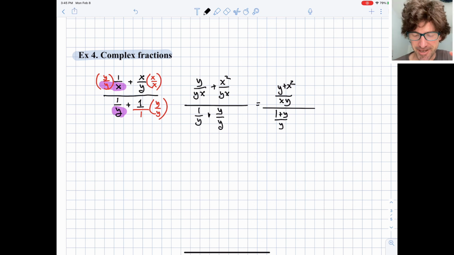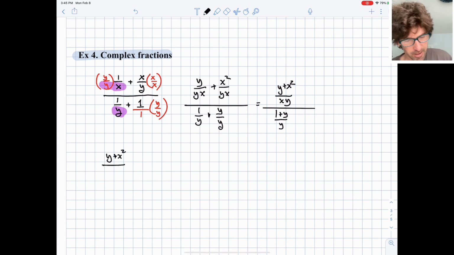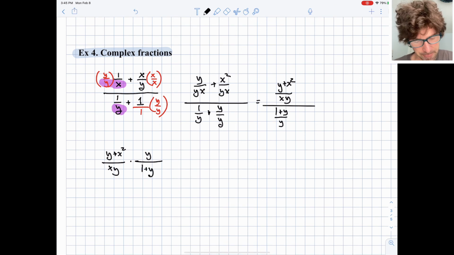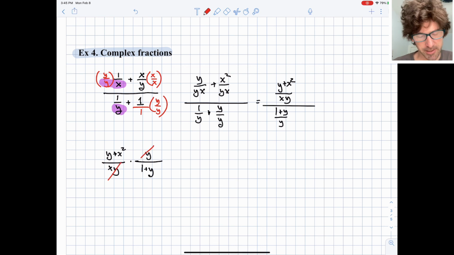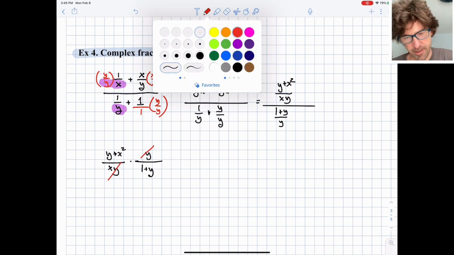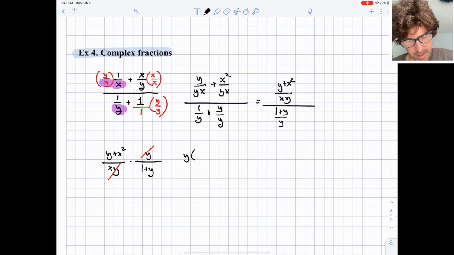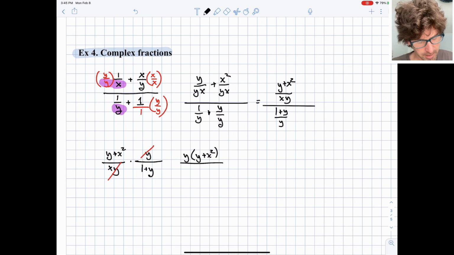So now we can invert the second fraction and multiply. So this is going to turn into y plus x squared over xy times y over 1 plus y. And I think you can see we have some y's that can cancel out, and we end up with y times y plus x squared all over x times 1 plus y.